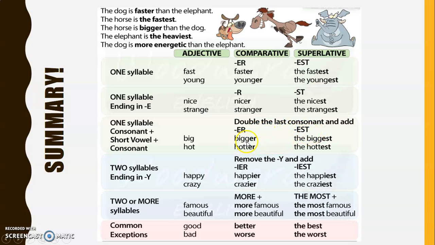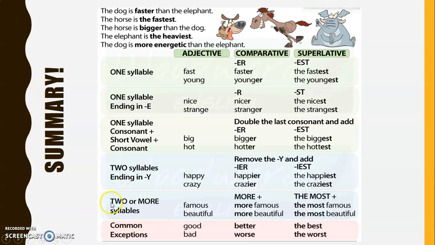For example, bigger with double G and the biggest with double G. If we have two syllables ending in consonant and Y, como en happy, como habíamos visto anteriormente, we take out the Y and add IER o IEST. Reemplazamos la Y por la I latina y después agregamos R o EST, como veníamos haciendo anteriormente.